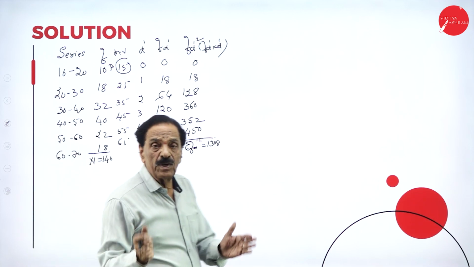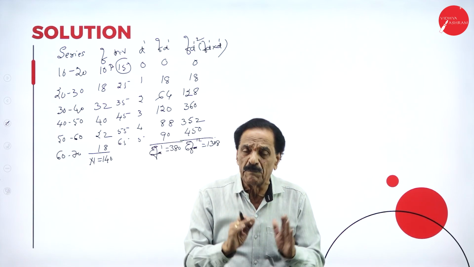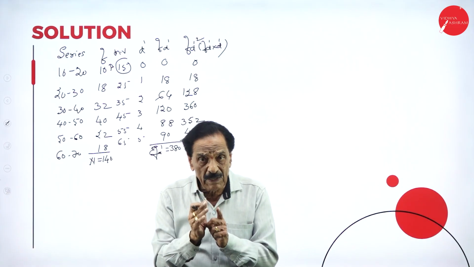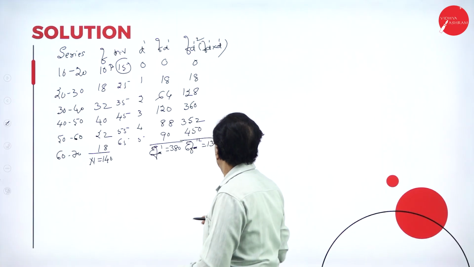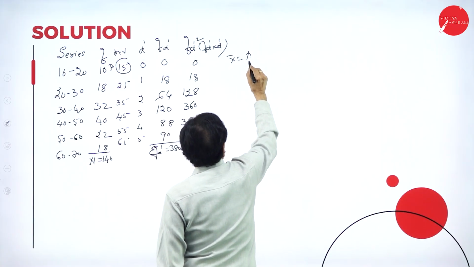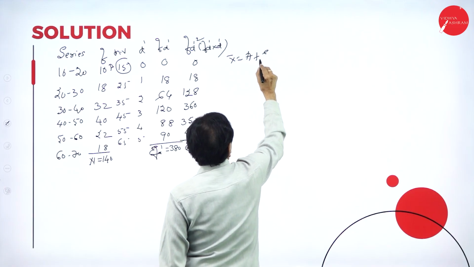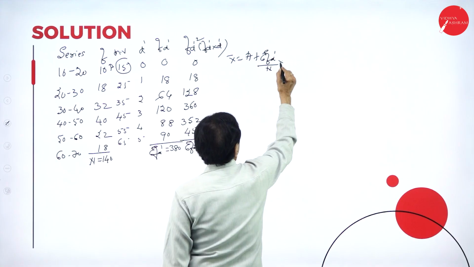Now, what is coefficient of variation? Standard deviation divided by mean into 100. We require standard deviation and mean. We'll go one by one. Mean: A plus sigma f d dash divided by n into c.